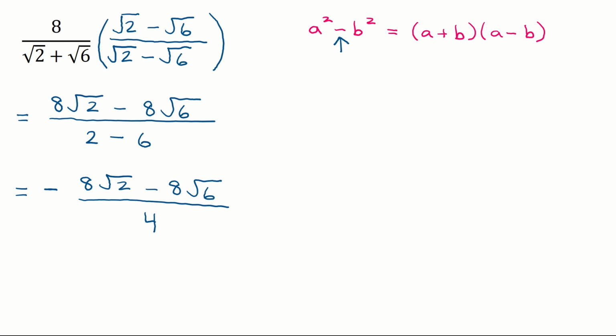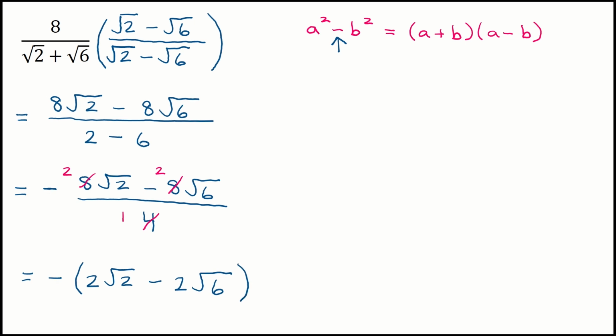Now, what's nice about this one is 8 and 8 and 4 are all divisible by 4. So we can simplify this even more by dividing every single term by 4. So the 8s will both become 2s, and the 4 turns into a 1, which doesn't have to be written, which means this question will work out to negative 2 root 2 minus 2 root 6.